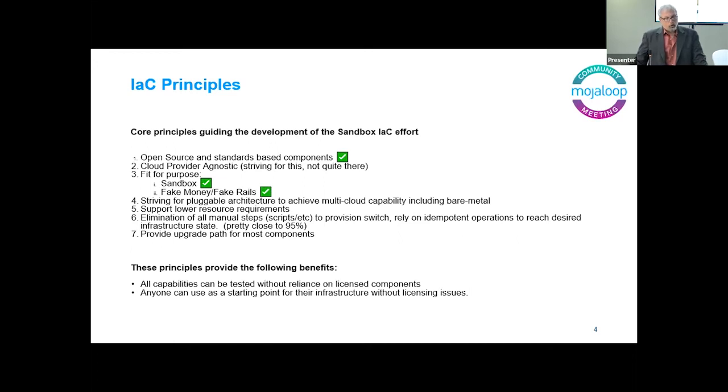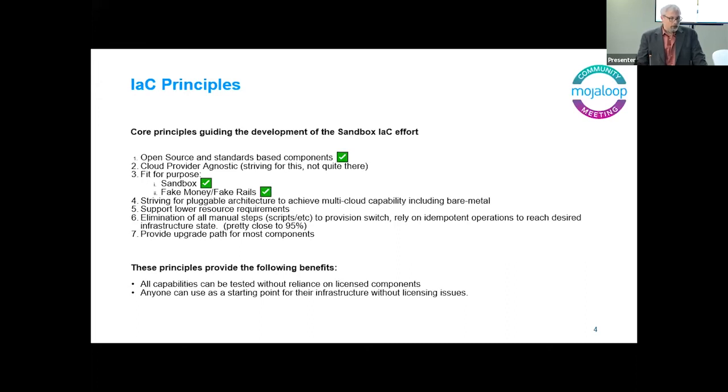We're also looking to support lower resource requirements, because the multi-cloud, pluggable capability includes bare metal, because there will be situations in which a switch needs to run on bare metal. And running on bare metal sometimes means that you don't have the resource requirements to support a heavyweight Kubernetes cluster. So this is another core principle that we would like to strive for as well.